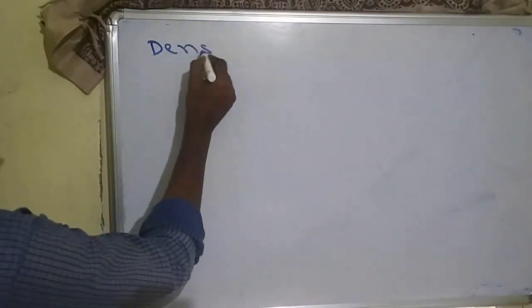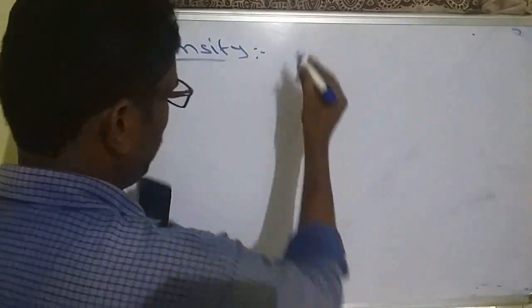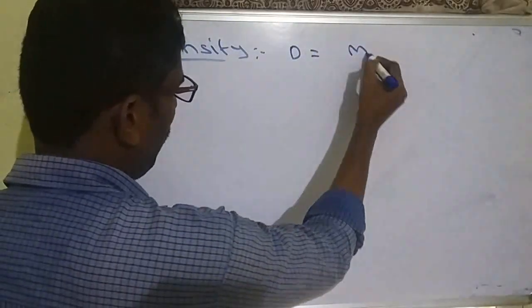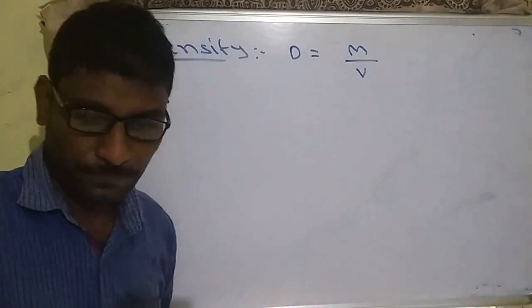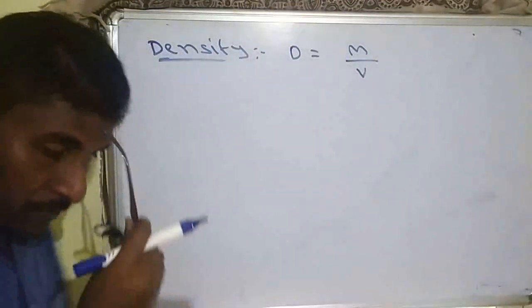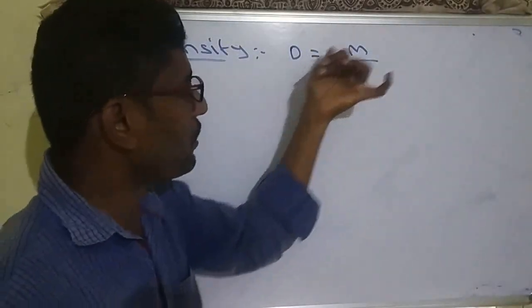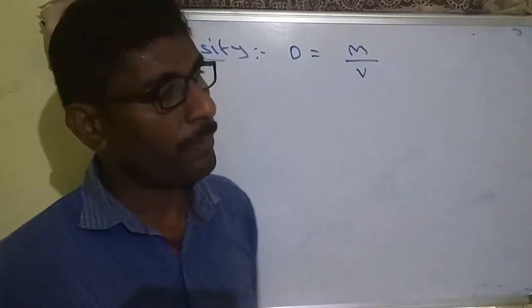Also another formula is there, that is the density formula. So density of solids. We know density is equal to mass by volume. So density of a solid, or density of a unit cell, is equal to mass of unit cell by volume of unit cell.